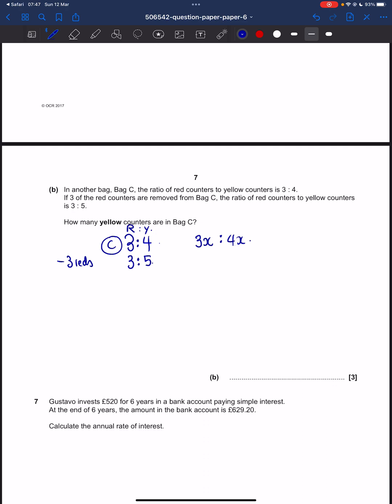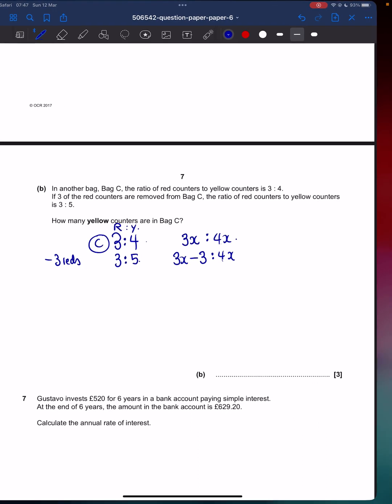Then if we do 3x take away 3 to 4x, this is actually 3 to 5.